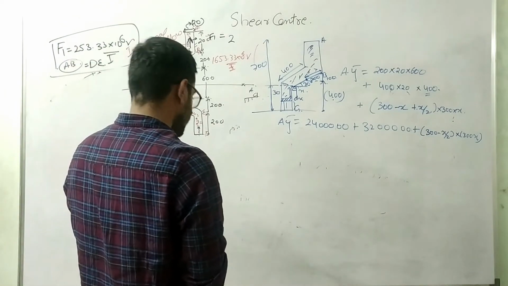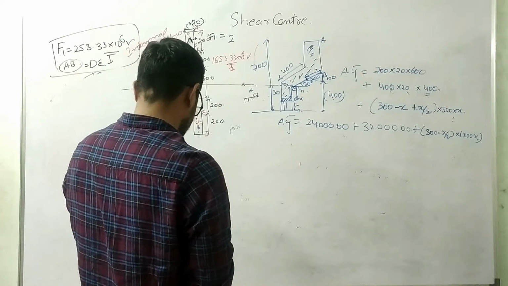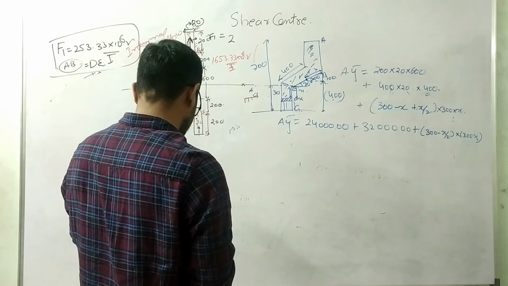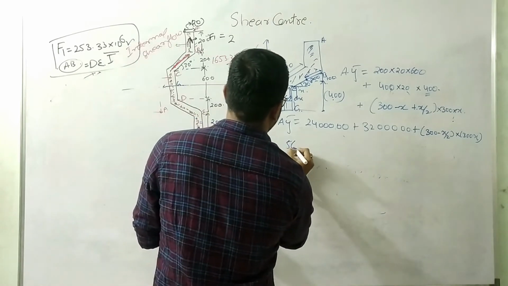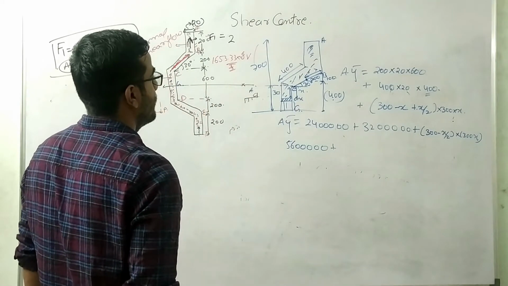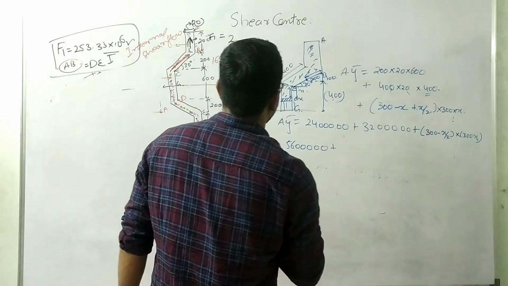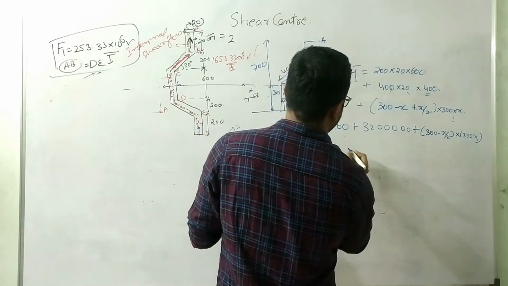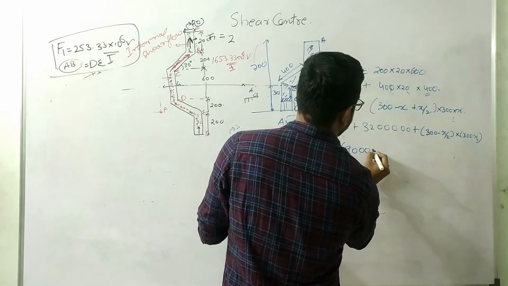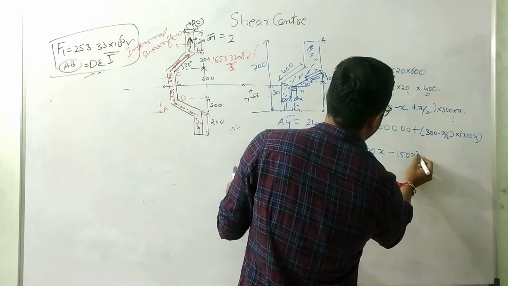Plus 300 minus of x plus x by 2. So 300 will be nothing but 900 x minus of 150 x.